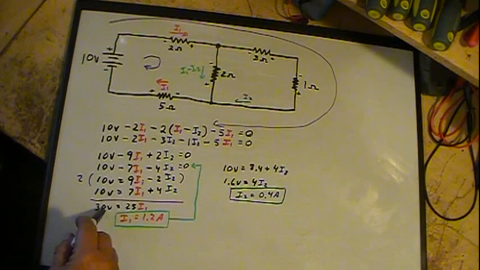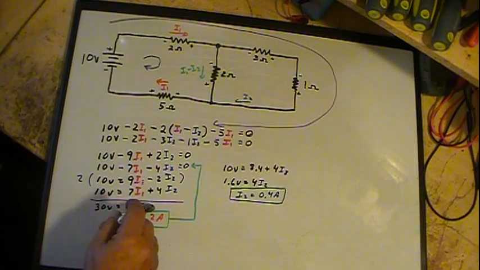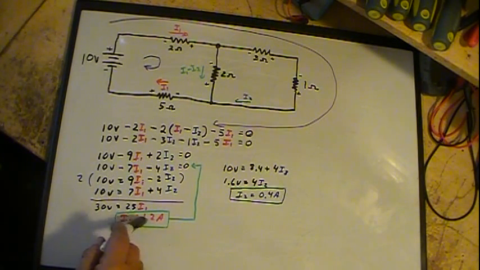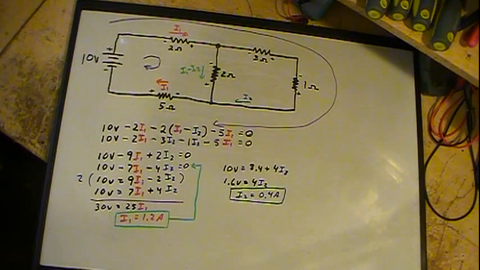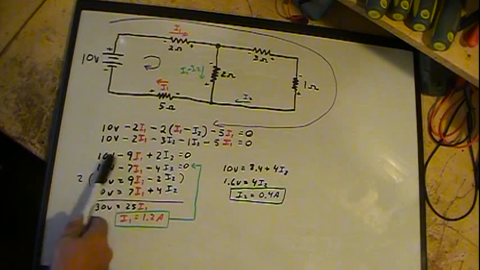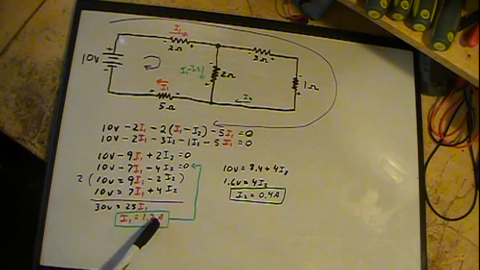So I take 30, divide by my resistance, which is 25, to get my current, and that gives me I1 equals 1.2 amps. Now all I got to do with that is turn around and substitute that back into one of these two equations. I picked this one here, rewrote it, punched this in.